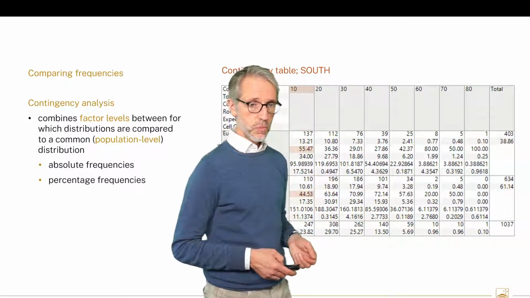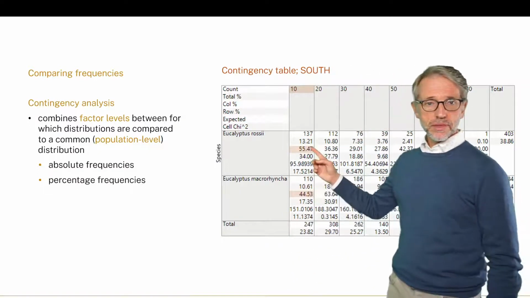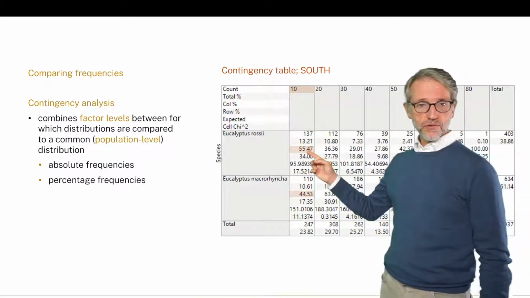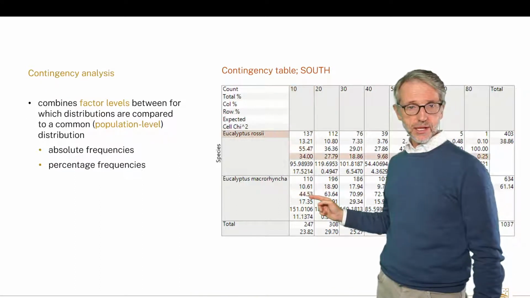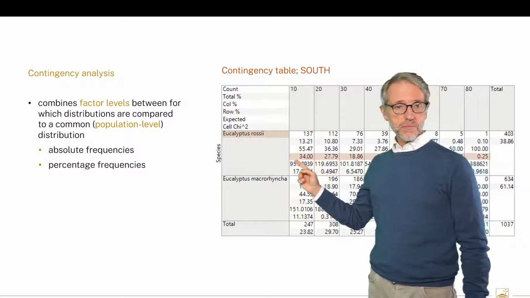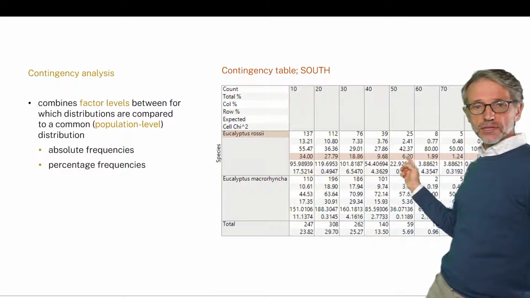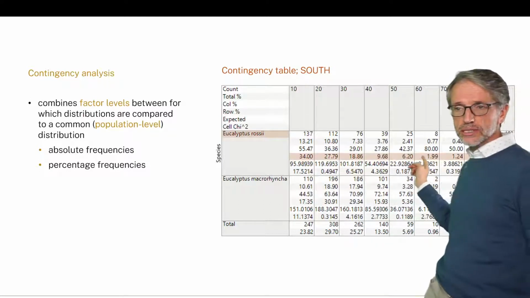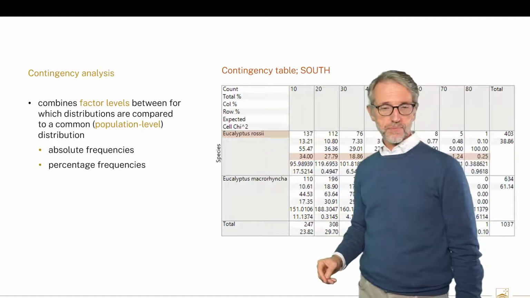The next one down reflects the percentage of observations for the 10 centimetre diameter class that falls within each species, and then the next one down again represents the percentage falling within each of these diameter classes just for Eucalyptus rossii.